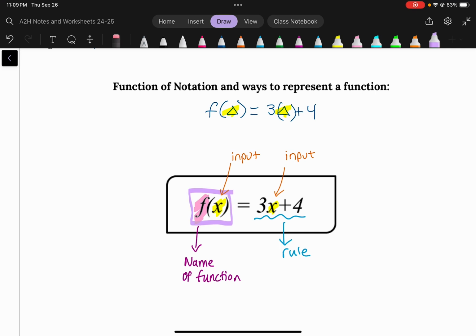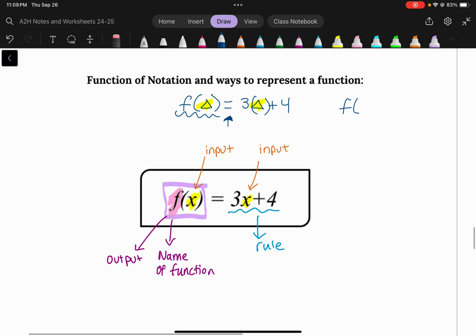Meaning that the output, right, I can interpret this as the output when the input is 10 is 34, right? Or to say it more, the output when the input is 10 equals 34, right? So it's really stating the element of the range corresponding to that 10 in this case, which is an element of the domain.